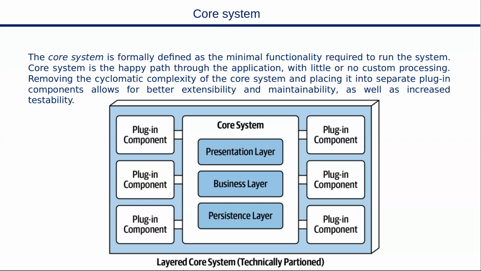So if you decide, based on working with stakeholders, that in your particular project extensibility and maintainability have higher priority than other quality attributes, then in this case maybe it makes sense to choose this approach.